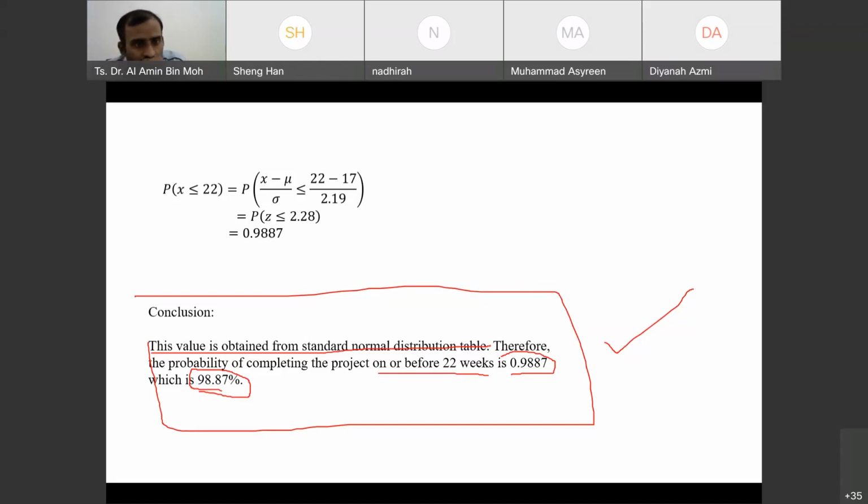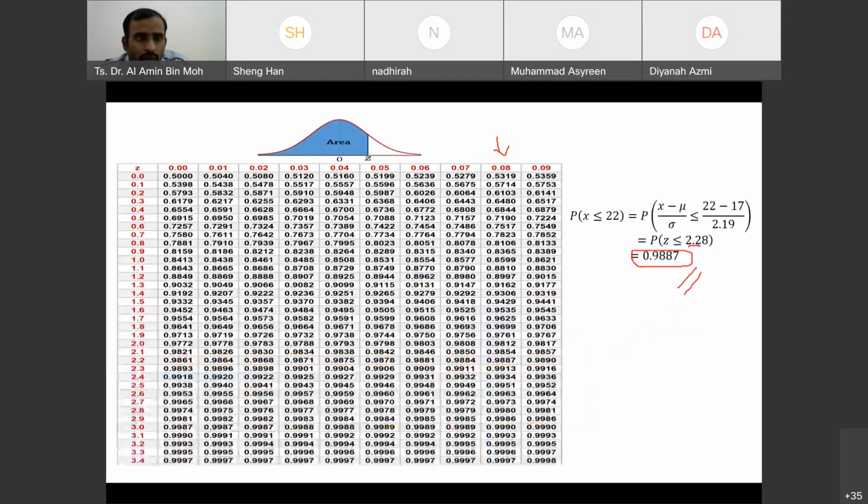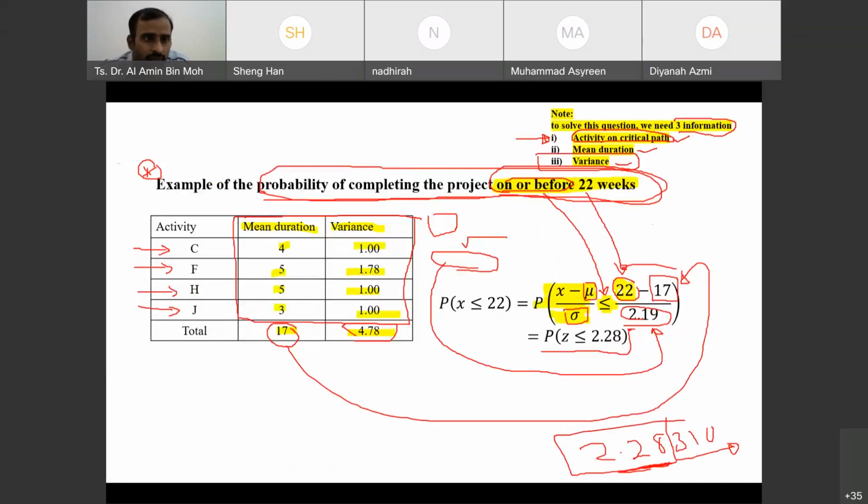Is it because they are the critical path? For calculating this probability, this one I just gave as an example, so I just randomly picked them. Yes, this is just for a calculation example.